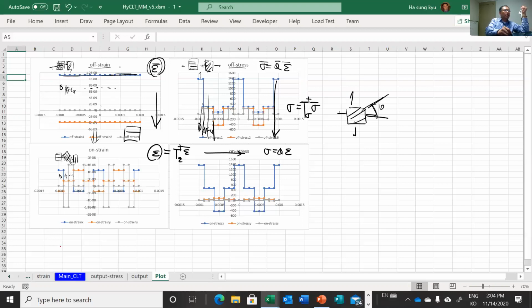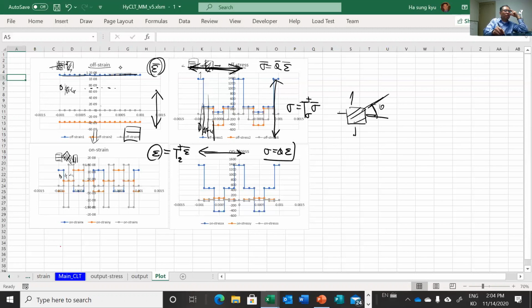And from here to there, we need to multiply Q bar. So they are all related. This is this way, and of course we can go back by multiplying the inverse, and going back we multiply T epsilon and minus, and all related, right?